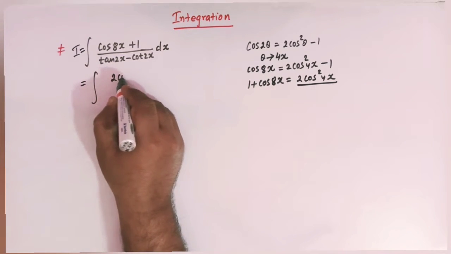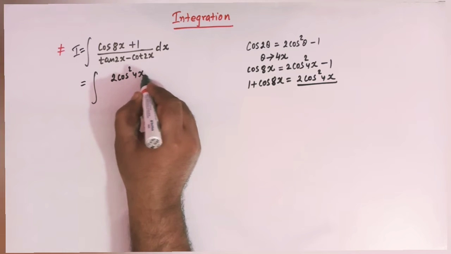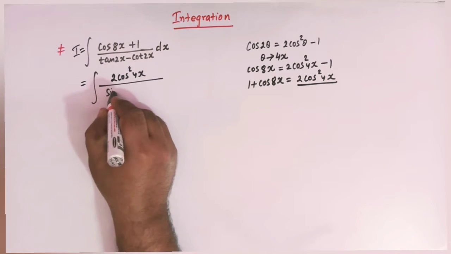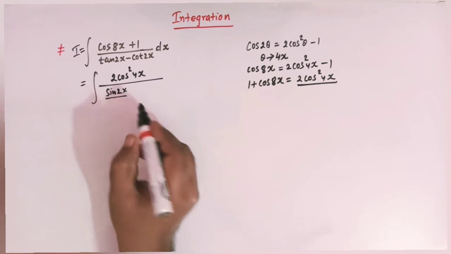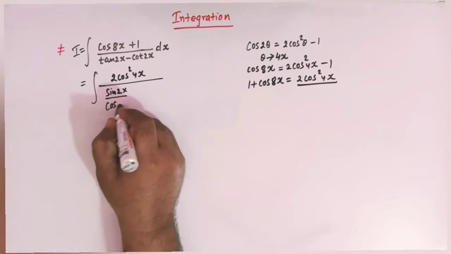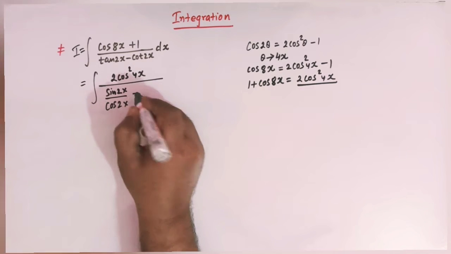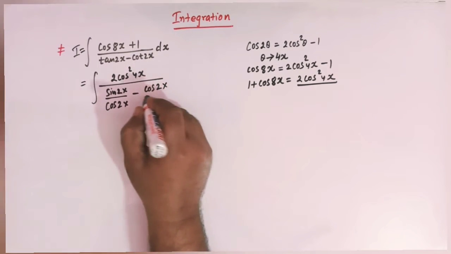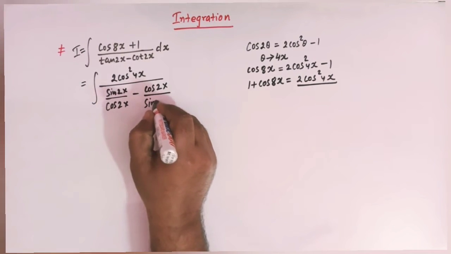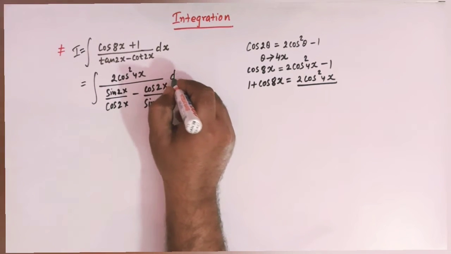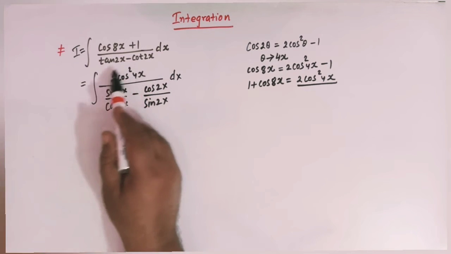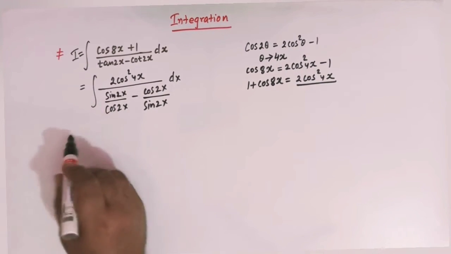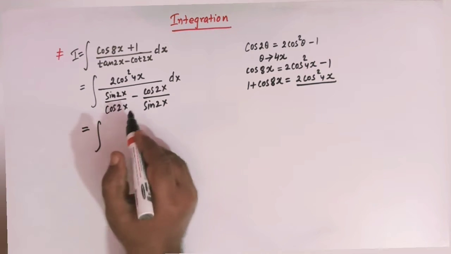So here we have 2 cos²4x divided by tan 2x, which can be written as sin 2x divided by cos 2x, minus cos 2x divided by sin 2x. Now let us first simplify the denominator.